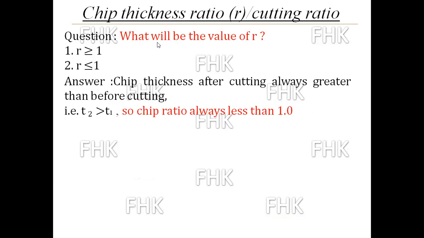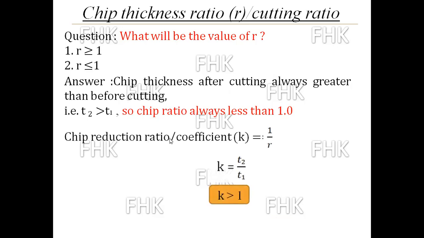The value of chip thickness ratio is always less than 1. Why? Because the thickness of material after cutting is always greater than before cutting. Now, opposite to chip thickness ratio is chip reduction ratio or chip reduction coefficient, which is denoted by small letter k, and is equal to the reciprocal of chip thickness ratio, 1 by r.